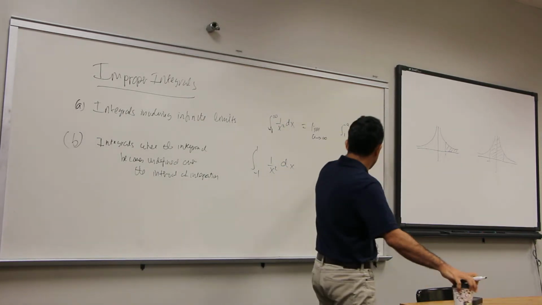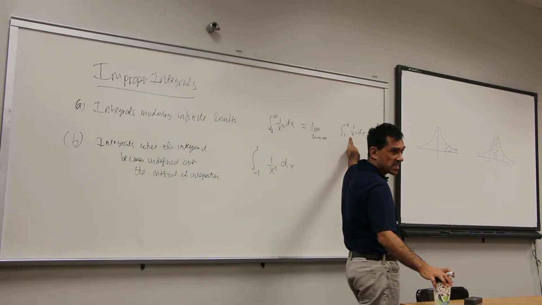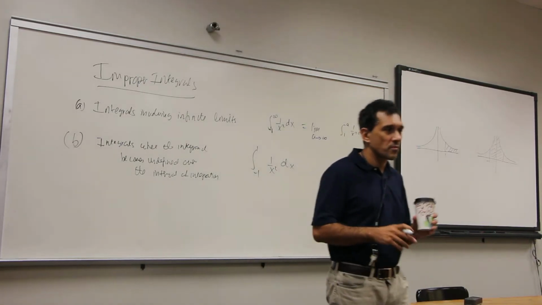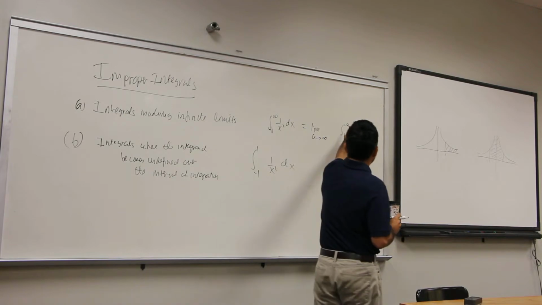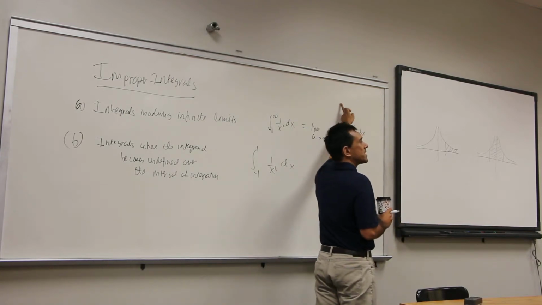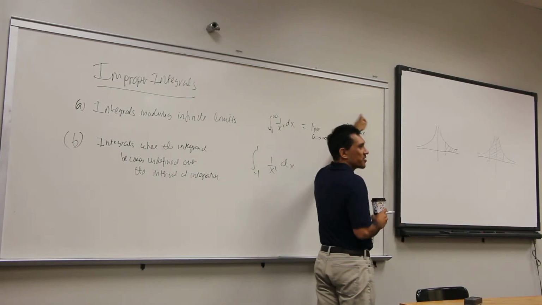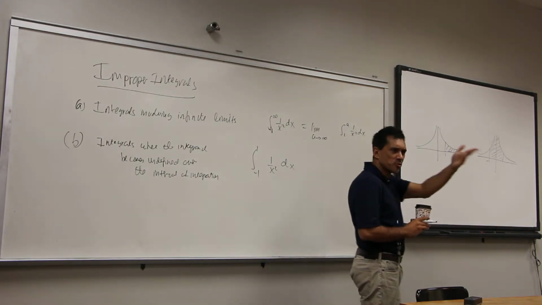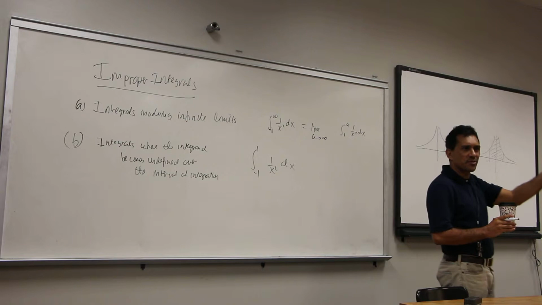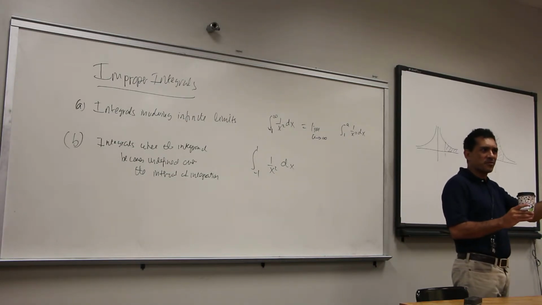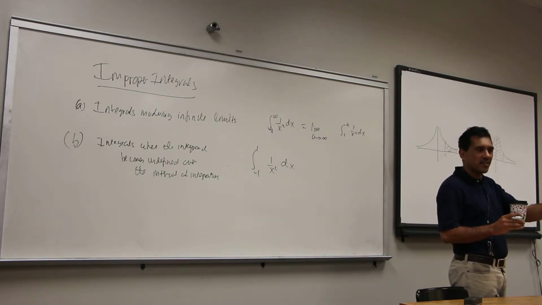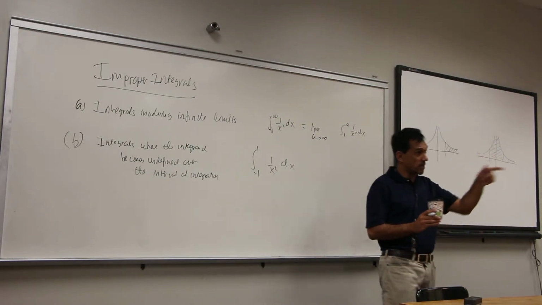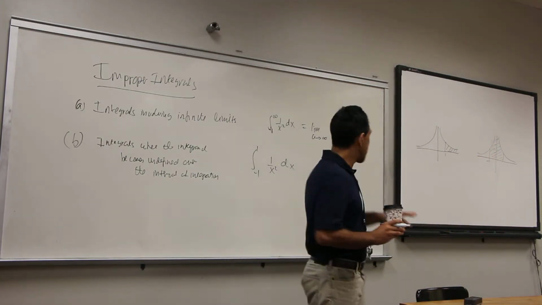This is a proper integral, provided a is finite. But then you let a go to infinity. You let a go to infinity after you do your antiderivatives, and after you evaluate the antiderivative at a and at 1, subtract, then you will find a function of a, and then you let a go to infinity.